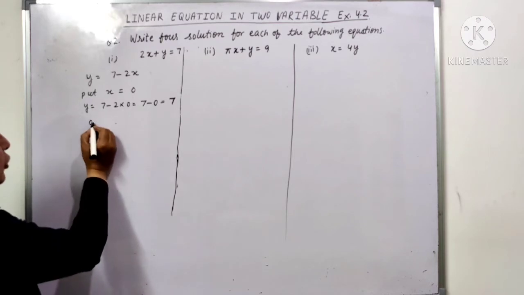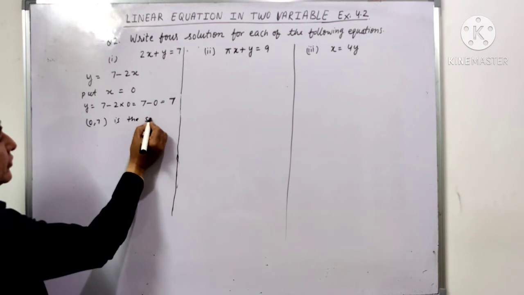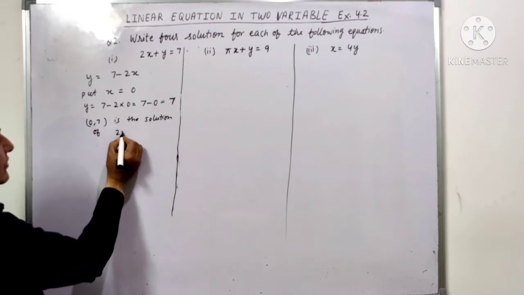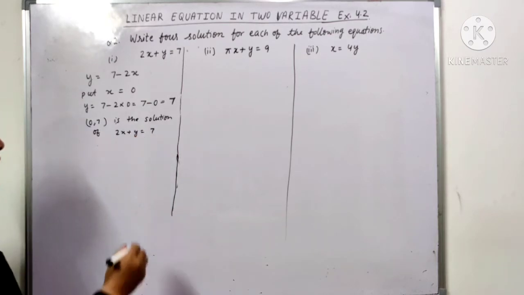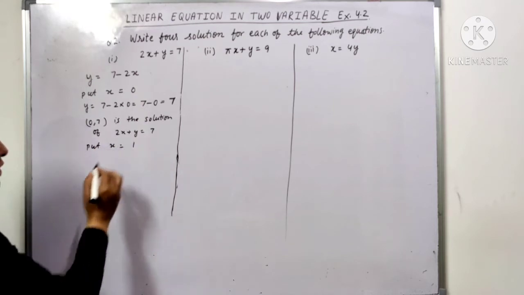So we will write (0, 7) is a solution of 2x plus y is equal to 7. So we have got the first solution. Now we will put x equal to 1.